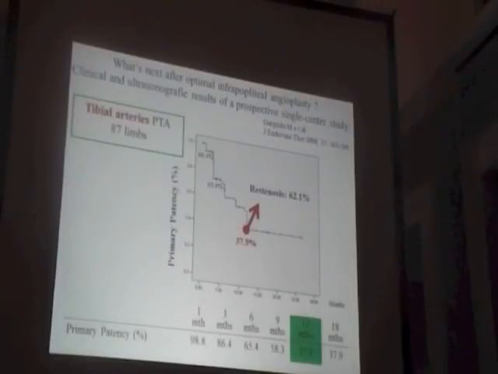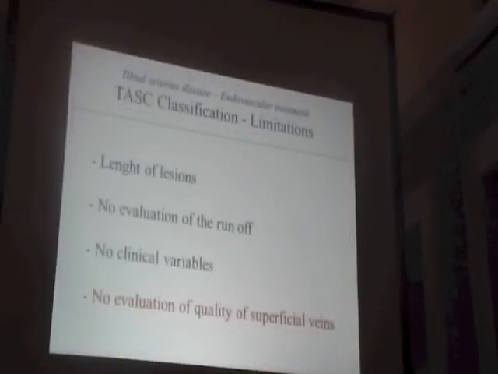We have to re-treat these patients for restenosis to guarantee the good healing of this trophic lesion. Then we added in our algorithm not only runoff, but even the Texas classification to decide which kind of treatment is possible to use in a different kind of patient with tibial vessel disease.